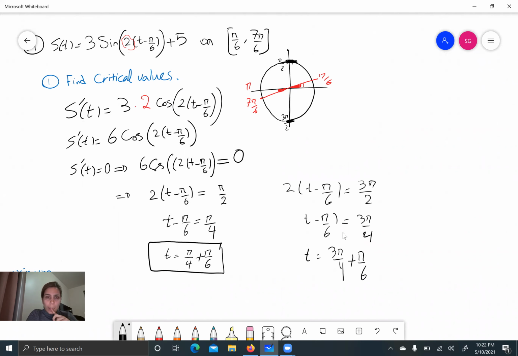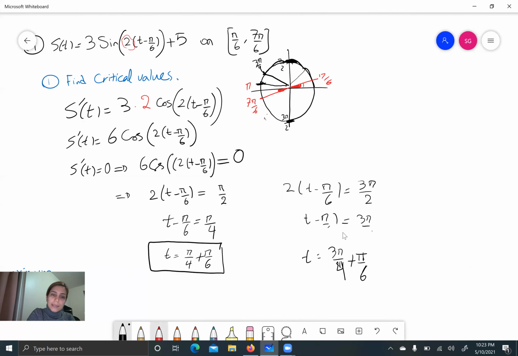Let me check: this is pi over 4, and now 3 pi over 4, plus pi over 6, so it's going to be somewhere here.